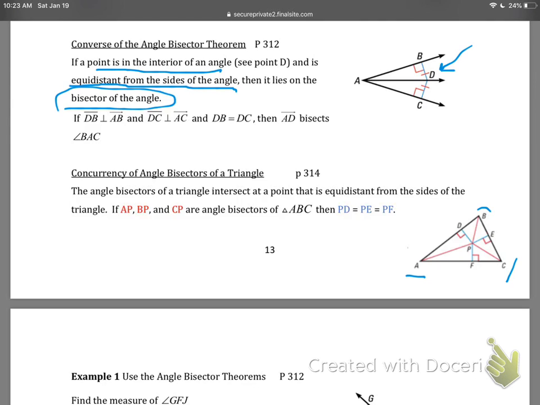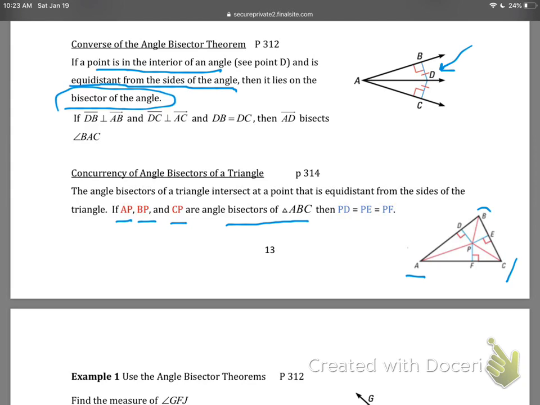Okay? And that's going to happen. So if AP, BP, and CP are angle bisectors of each of those angles, then PD, the blue line, equals PE, another blue line, equals PF.